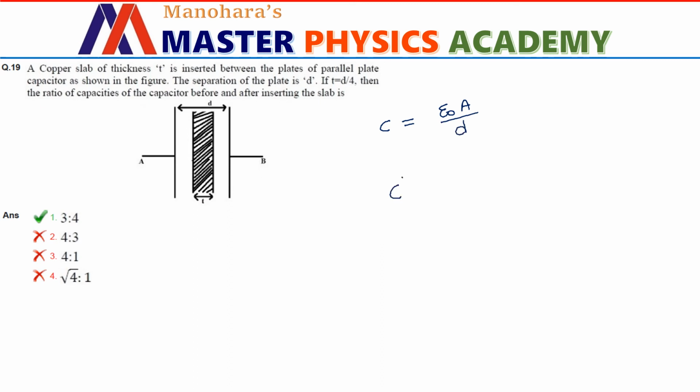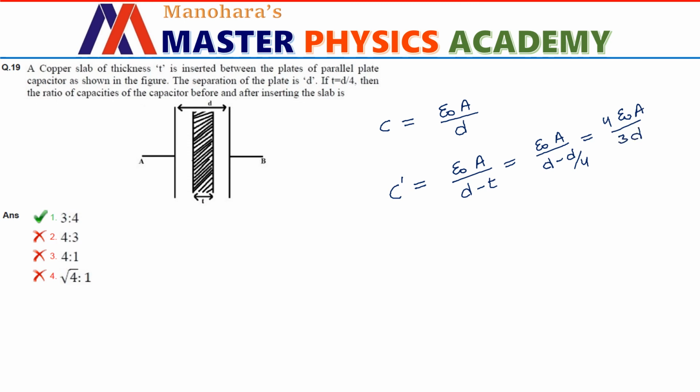After inserting the copper metal slab, the formula changes to epsilon naught A divided by d minus t. But t is given as d by 4, so I am going to substitute that: epsilon naught A divided by d minus d by 4. So upon simplification, we'll be getting 4 epsilon naught A divided by 3d.